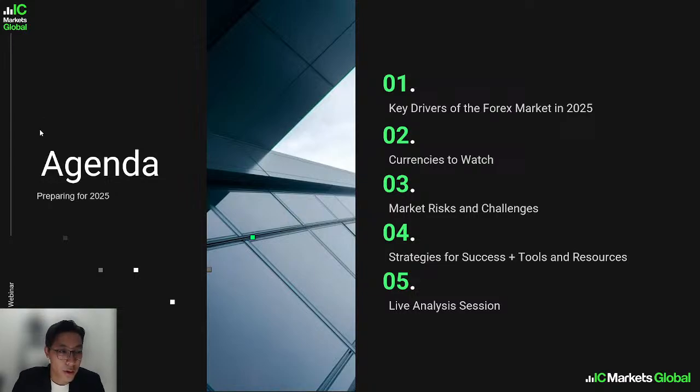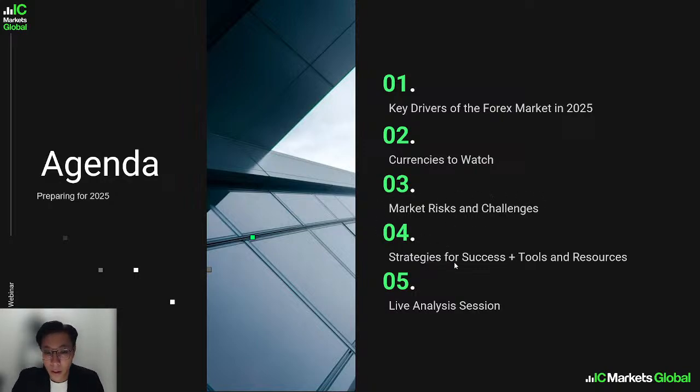Okay, so for the agenda, we will be going through the key drivers of the FX market in 2025 and also what are some currencies that you can watch in order for you to be profitable in 2025. Alright, then we will post some market risks and challenges in the current markets of forecasted challenges that might cause you to face some obstacles.